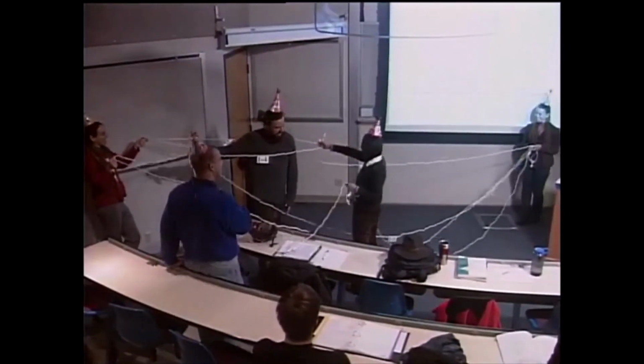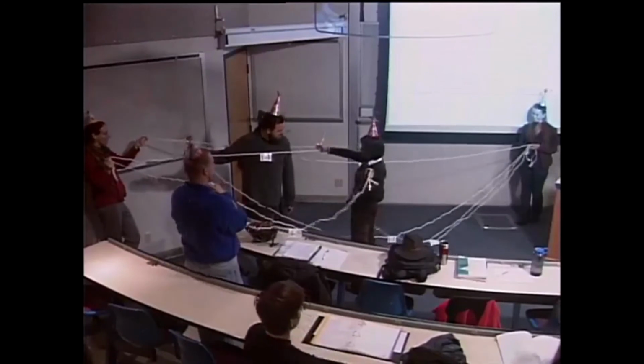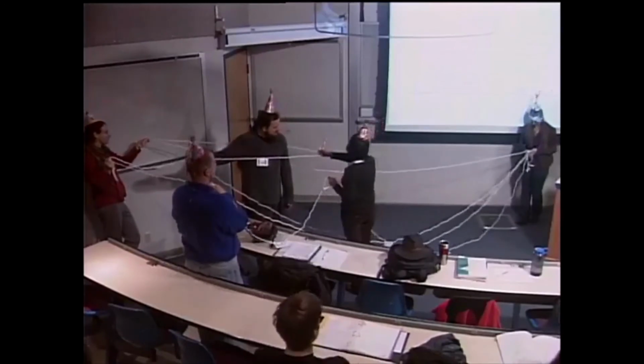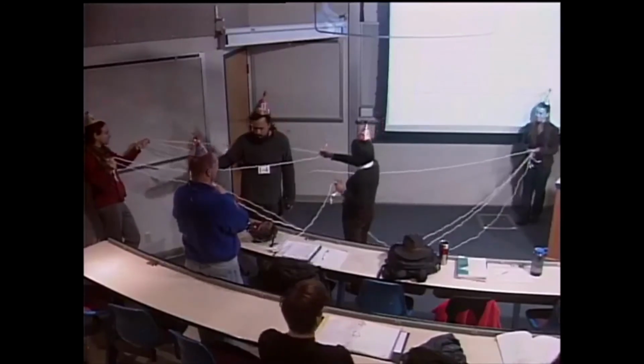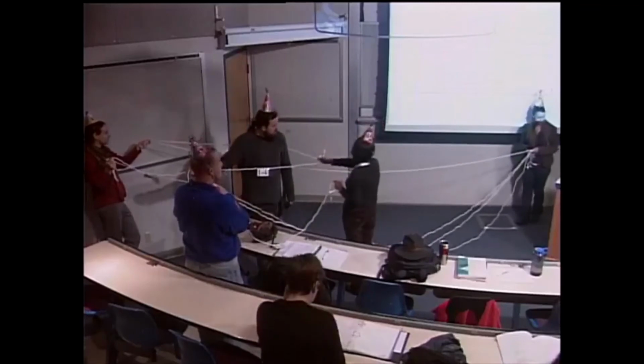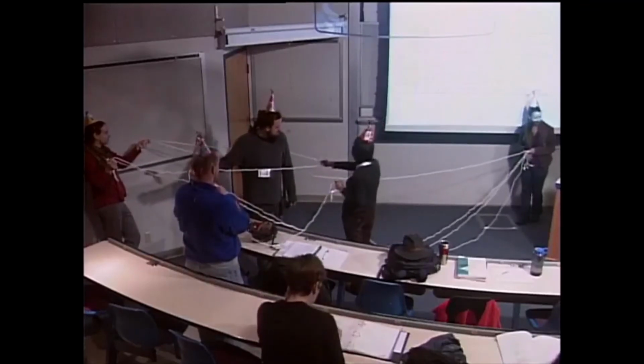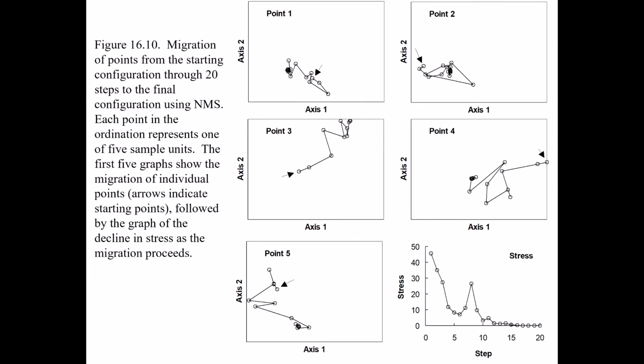Okay, so this is our final configuration that these guys came up with, and this was from a random start, right? Now, if we're actually going to run this on the computer, we'll do 100 random starts, but I think that would take too long. But this is the migration of points for a single run on the computer that is similar to what these guys were doing.